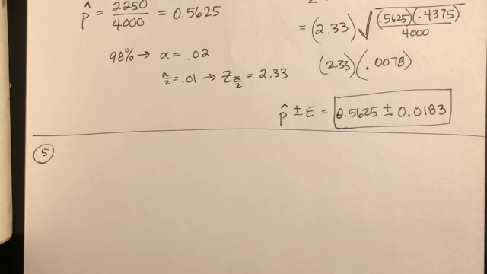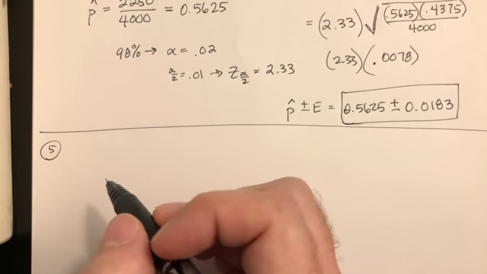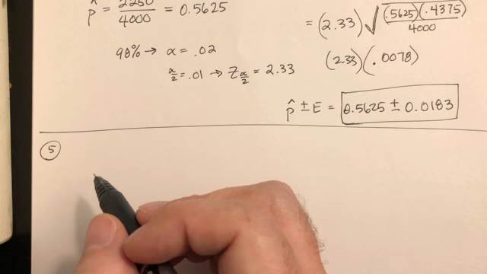Now, a researcher wants to estimate the proportion of the adult population that has sleep deprivation. How large of a sample is needed in order to be 99% confident that the sample proportion will not differ by more than 5%? So let's talk about what numbers they gave me.